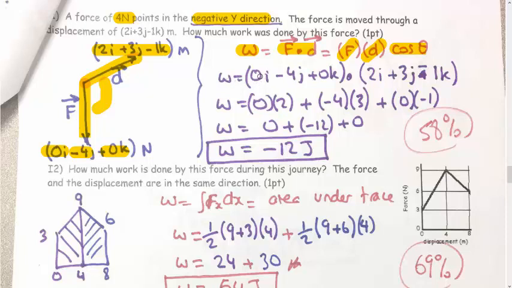Well, I say that work is equal to 0i minus 4j plus 0k scalared with or dotted with 2i plus 3j minus 1k. The way you do the scalar product is you multiply the coefficients by each other and add them all together. So 0 times 2 and minus 4 times 3 and 0 times minus 1. That's 0 added to minus 12 added to 0, which is minus 12.